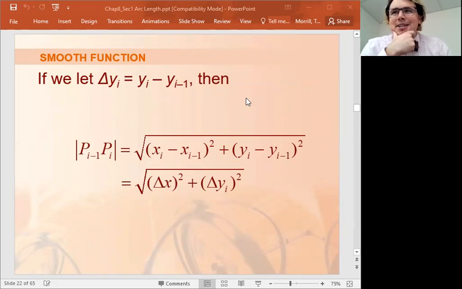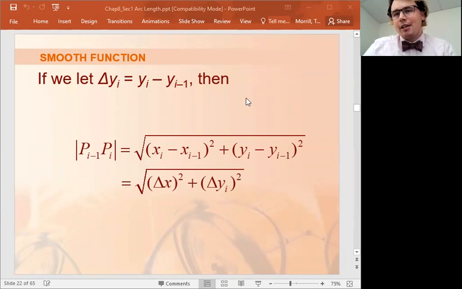The hypotenuse of a triangle is the square root of the square of the base plus the square of the height. The base is going to be my delta x. And fortunately enough, that's going to be the same for every single one of these intervals.